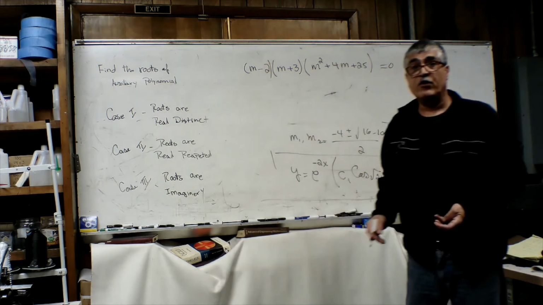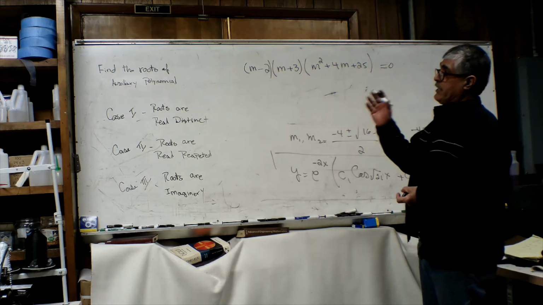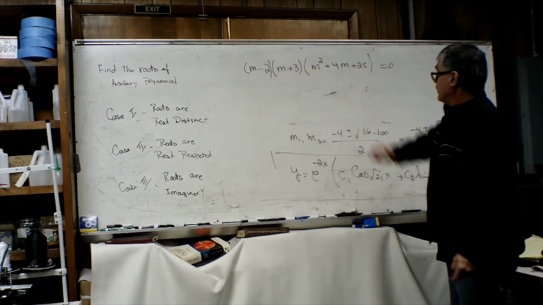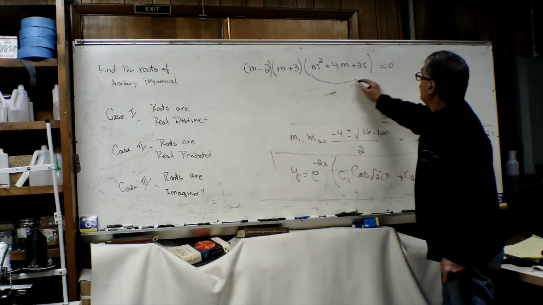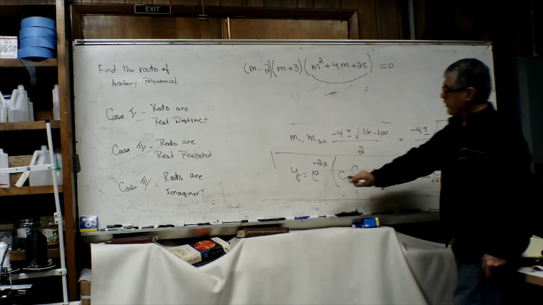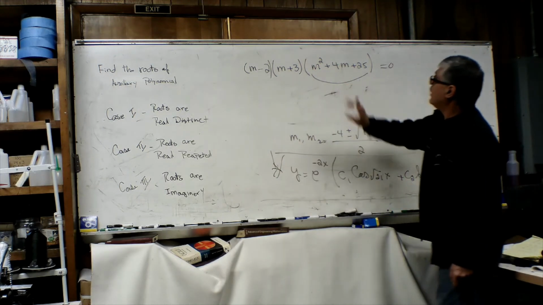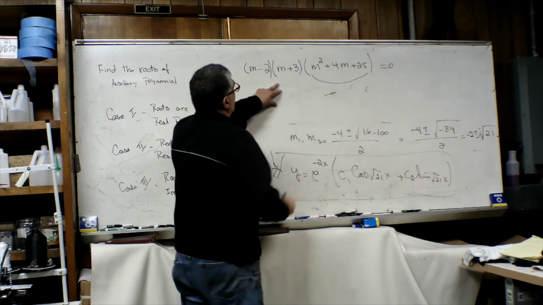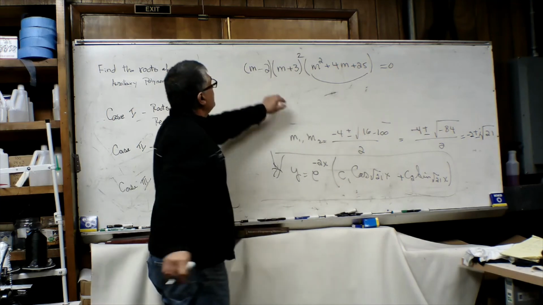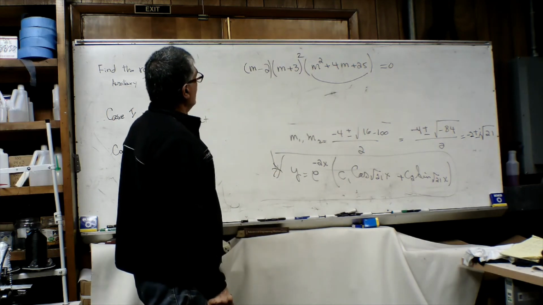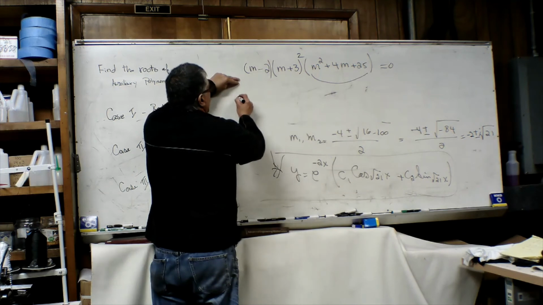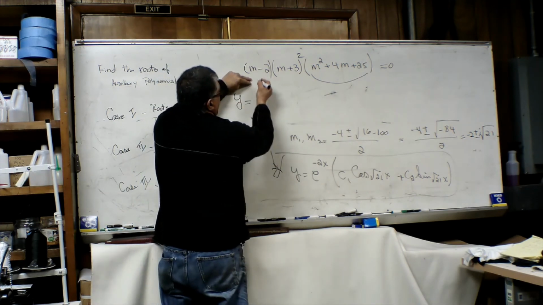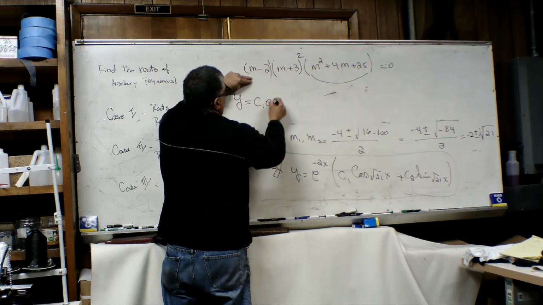Let's assume we have a differential equation whose auxiliary polynomial, after we factor it out, we get this. We already know the solution for this part. And let's also say that we have a square here. So our general solution will be equal to c1 e to the power 2x.